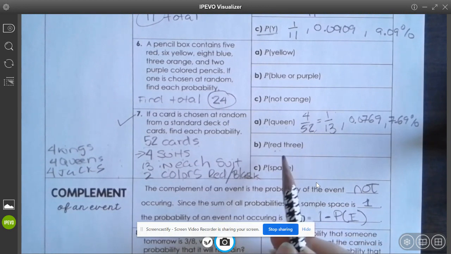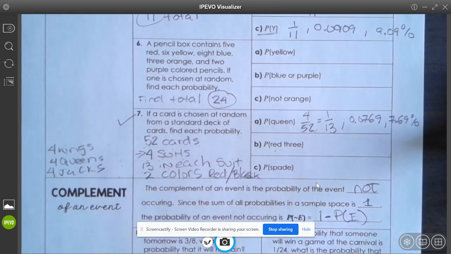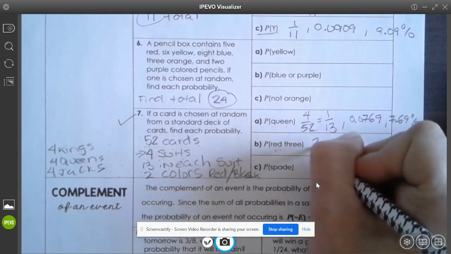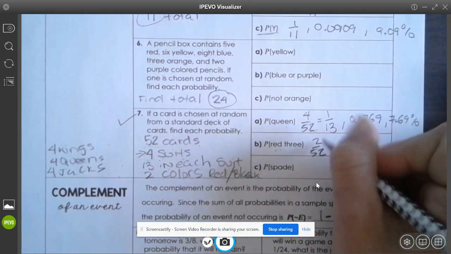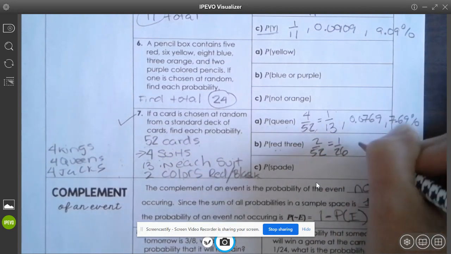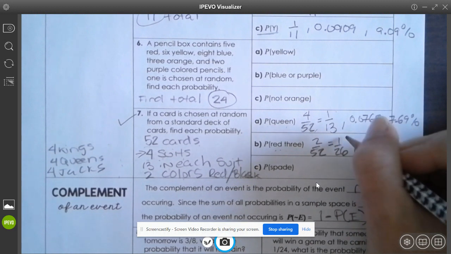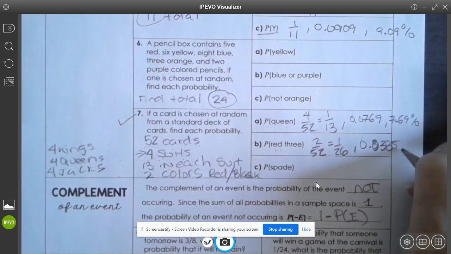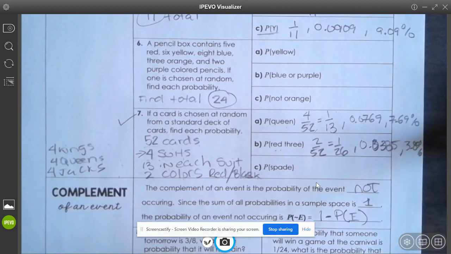What is the probability that I get a red 3? 2 suits are red, so that would be 2 over 52. And you can divide by 2, so that's 1 over 26. Then you divide 1 by 26, and you find 0.0385, and you multiply by 100, that is 3.85%.